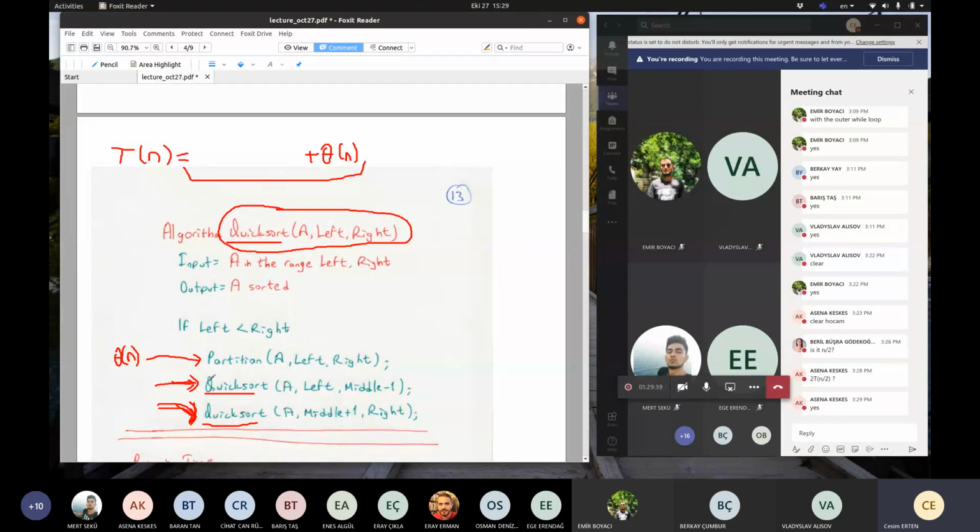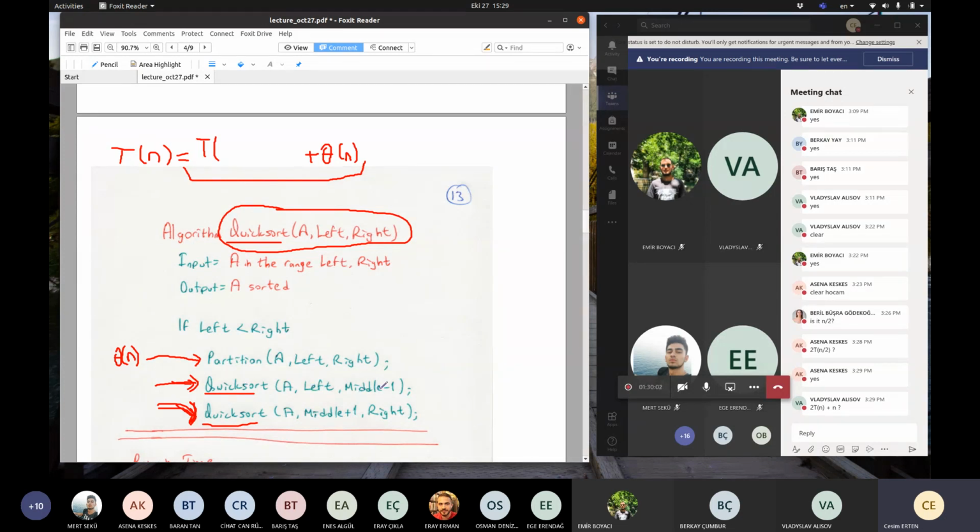This is also a quicksort call, so we will denote its running time with T as well. But the only detail, Asena, is that this part denotes the size of the array that this recursive call will work on.